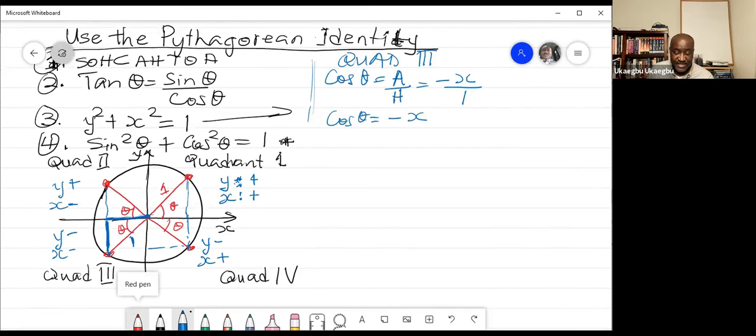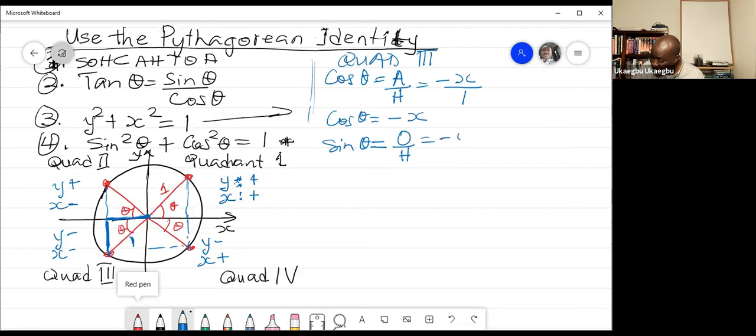Okay. In the same third quadrant, let's see sine theta. Sine is always opposite over what? Hypotenuse. So in this third quadrant, opposite is negative what? Negative y.